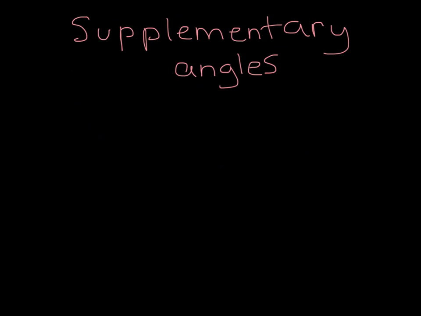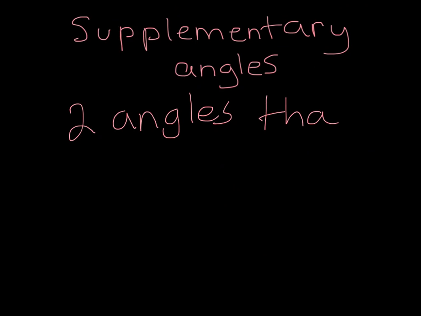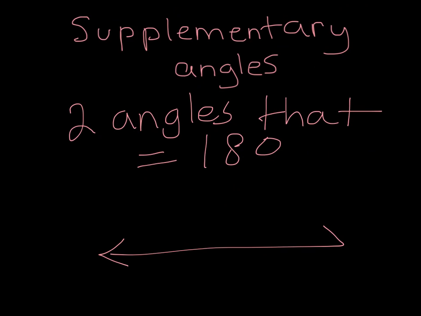All right, last up, supplementary angles. Supplementary angles are two angles that equal 180. So in some ways, it's like a straight line divided into two angles. You know that the straight line is 180.